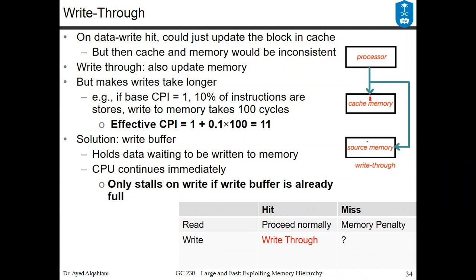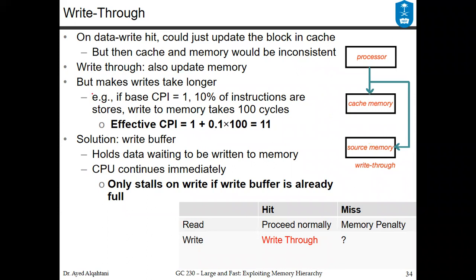Instead of saying this long sentence, we just call it write through. Because of the write through, the content of the cache memory and the content of the source memory, or the main memory, will be consistent.